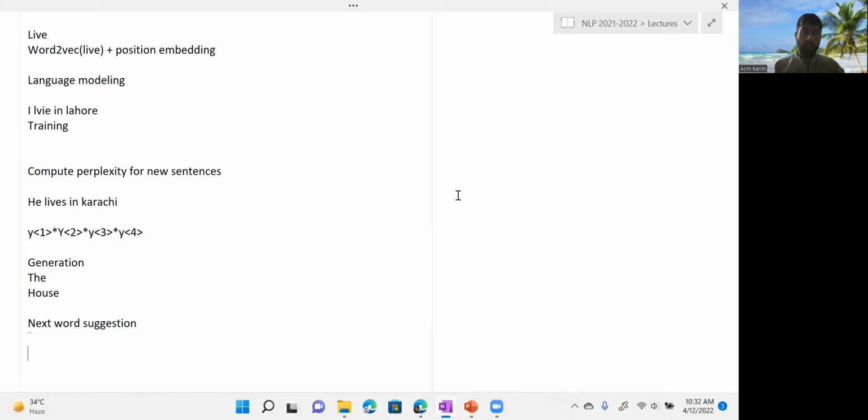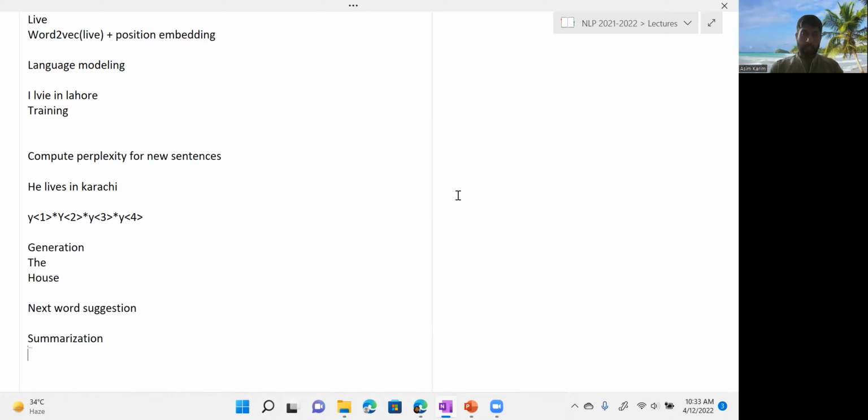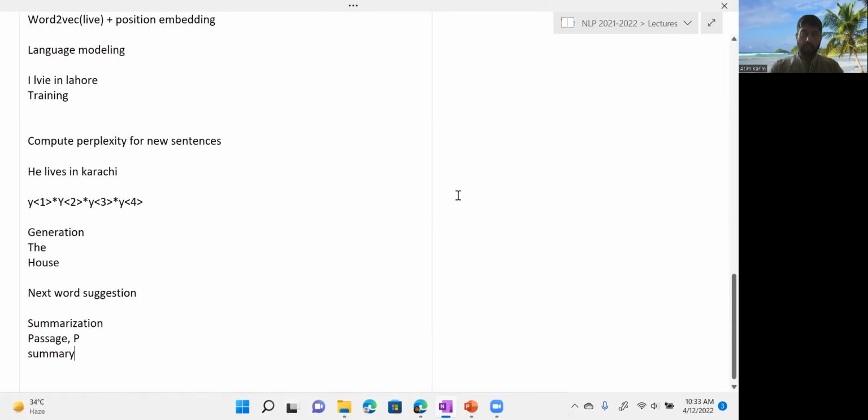Typically, and of course we are talking about a causal transformer in this case, we will have an input data. Let's say we have a passage which I call P, and then we have a summary which I call S. Of course, P is a sequence of words, S is also a sequence of words.